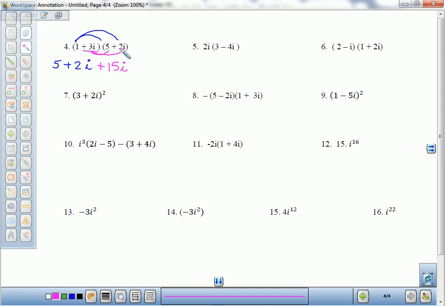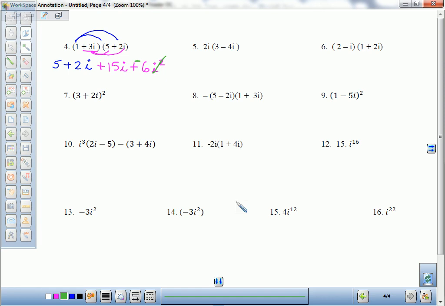And 3i times 2i, the 3 times 2 makes 6, and the i times i makes i to what power? Very good. So what happens to this i squared? It changes that 6 to a negative 6.